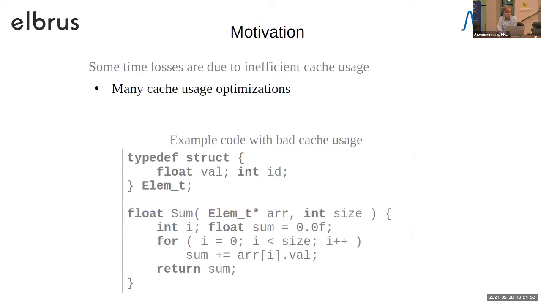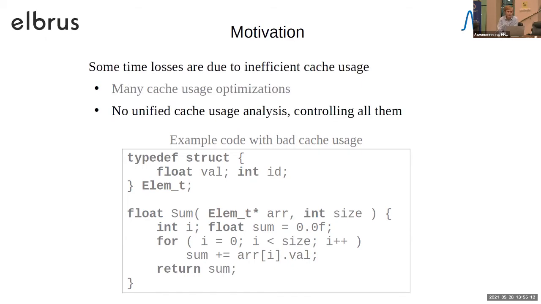There are many cache usage optimizations that are known right now. For example, for this case, we can peel array of structures into 2 arrays. And this optimization is called structure peeling. But there is one problem among them. We do not have right now unified cache usage analysis, which control all of them.